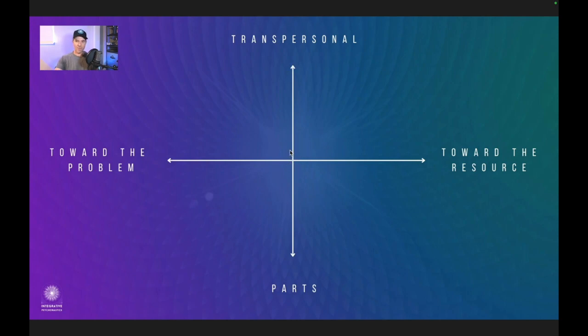Again, at center, you're at basic standard ego function, right? If we go down and we look at sub aspects of ego function, we move down into parts, right? So this is where you see parts work. A lot of you are probably familiar with the idea of IFS, or internal family systems, and parts work. It's a very popular topic right now in the trauma therapy space, also in the psychedelic therapy space. So you've probably heard about IFS and parts work.